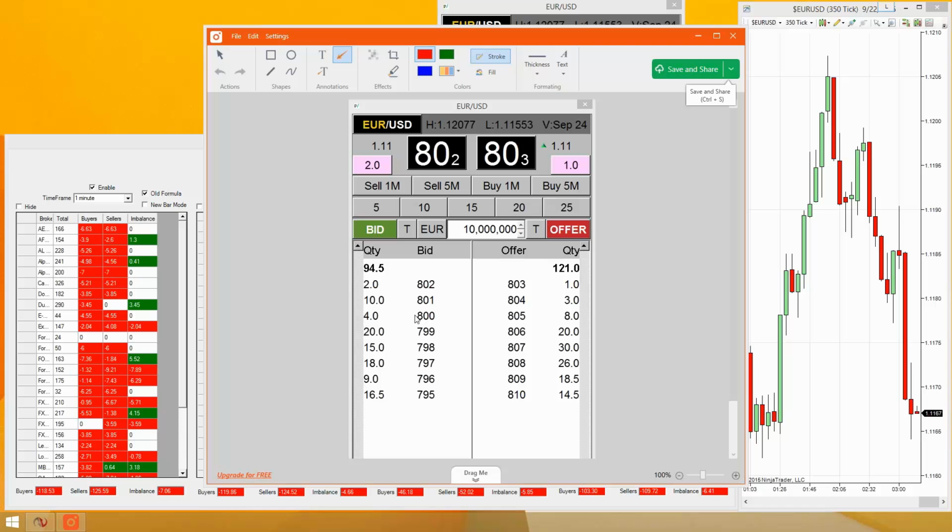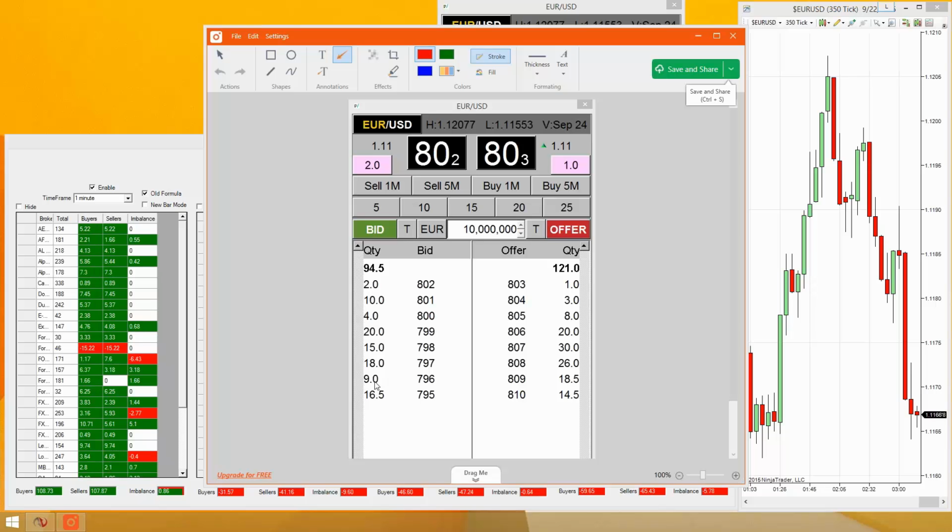Another piece of the puzzle you need is time and sales, which you don't have access to. Second, you need to be able to see what other banks are doing at the same time, because what you see on this screen is maybe a combination of a couple of liquidity providers, not all the banks, or let's say at least 10% of the major flow that comes into the market.